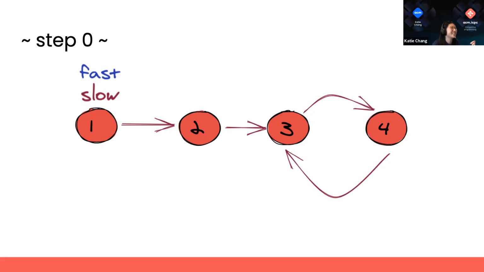And then slow will be traversing through 1, 2, 3, 4, 3, 4, 3, 4. So a visualization is we'll move our fast pointer first. It's at 3. And then we'll move our slow one. It's at 2.